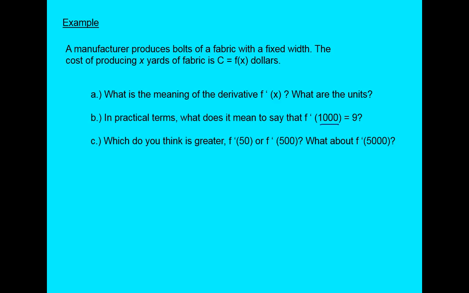Which do you think is greater, f prime of 50 or f prime of 500? If you think about what's going on, we're producing more fabric at f prime of 500 compared to f prime of 50.